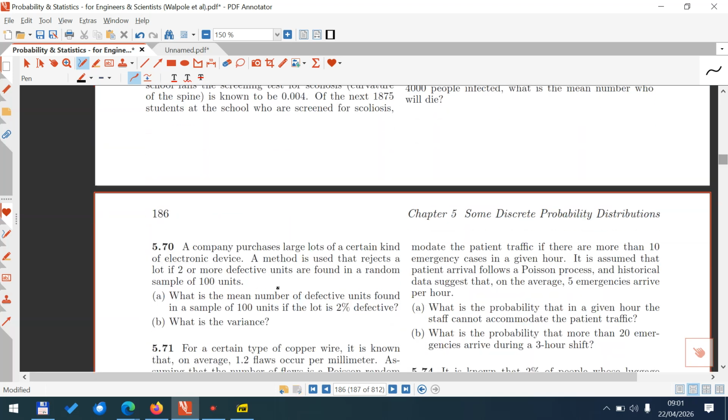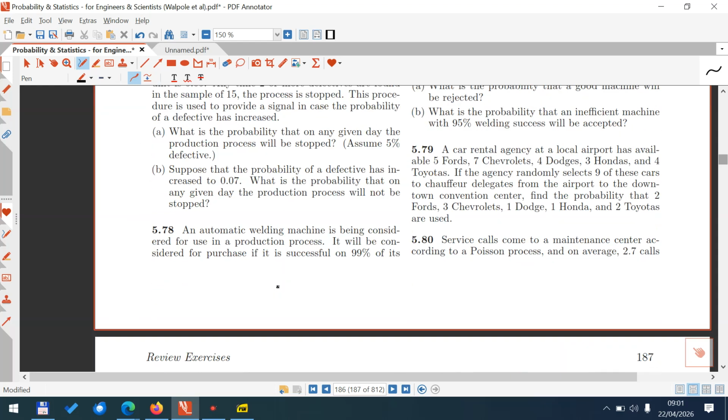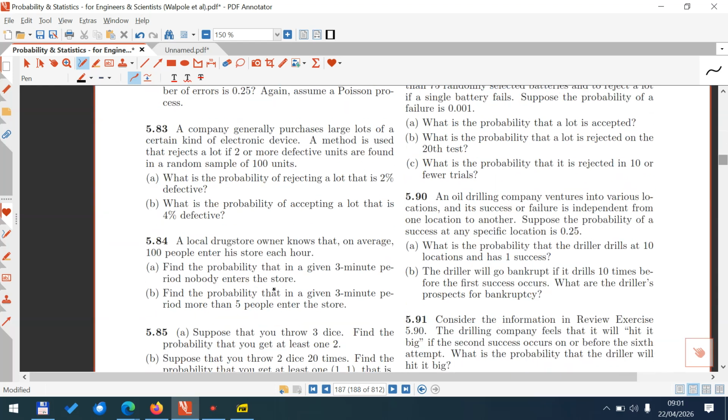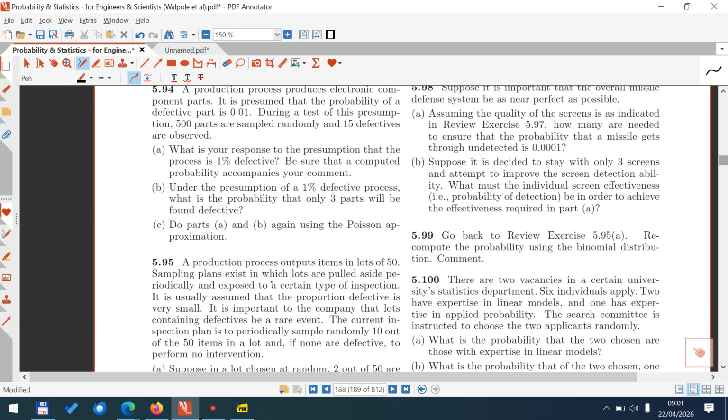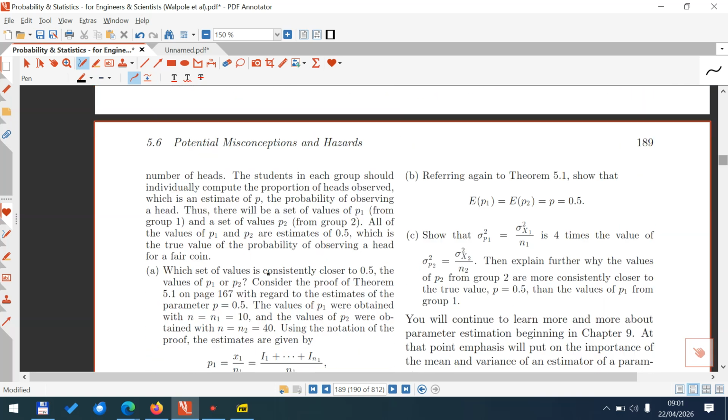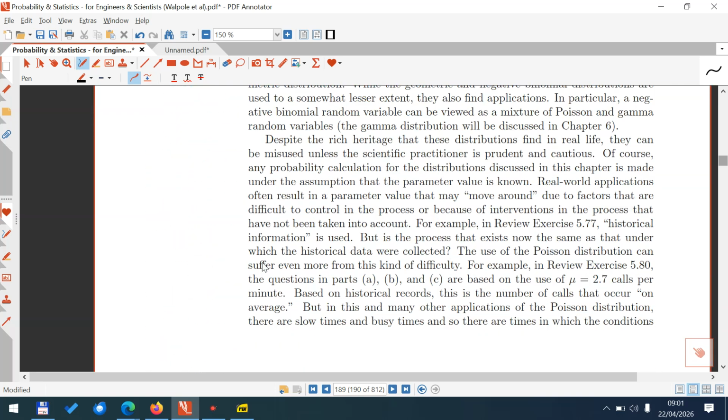So let's get to it. We are done with discrete random variables so far in this course.